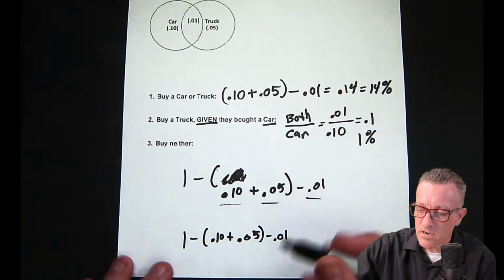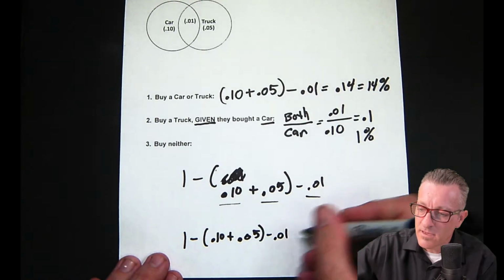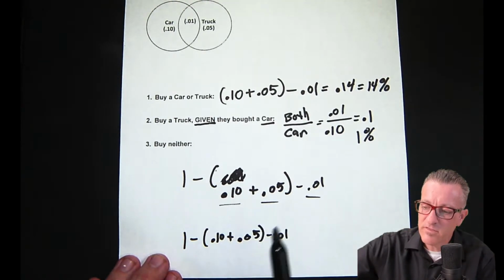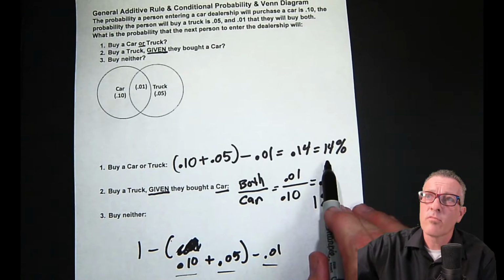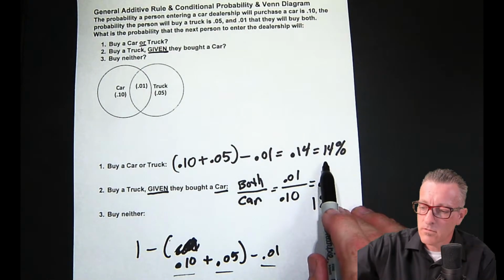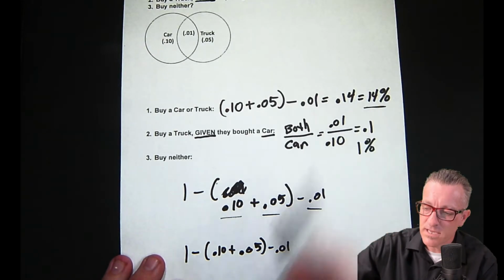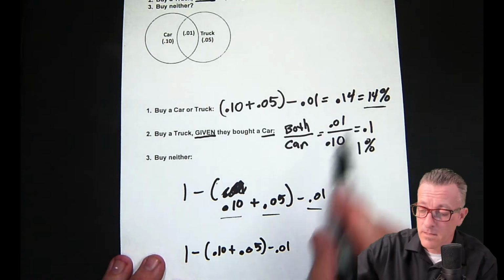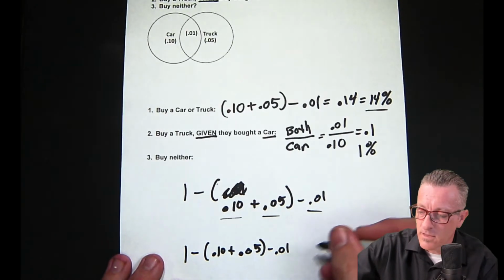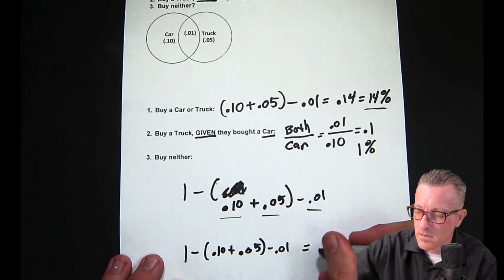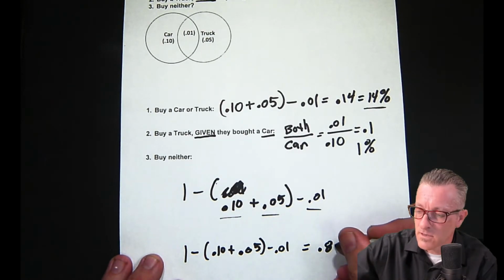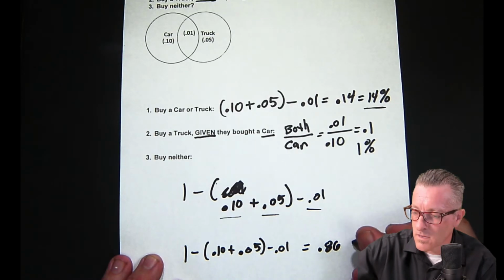So when we work this all out, we have the same type of answer that we had with the car or the truck, except we're subtracting our 14%, or 0.14, from 1. And so we end up with 0.86, or written as a percent, 86%.